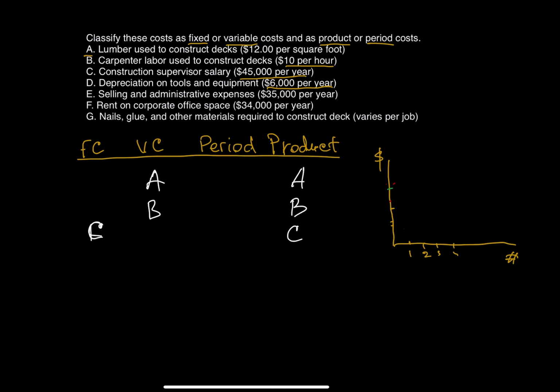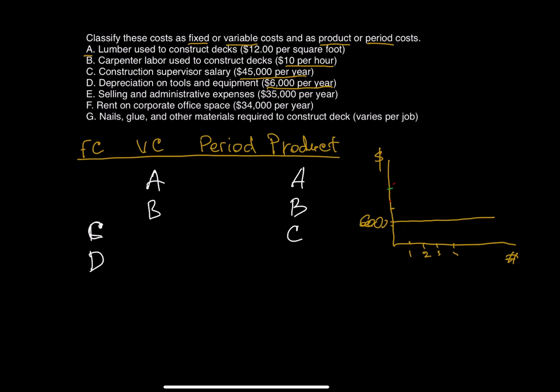Depreciation on tools and equipment, and no matter if we produce 1, 4, 10, 100 units, or whatever it is, it's still going to be $6,000 for our depreciation. So again, we can safely say that this is going to be a fixed cost.